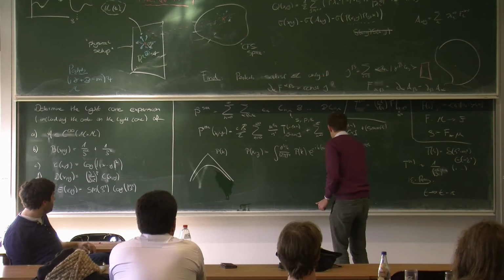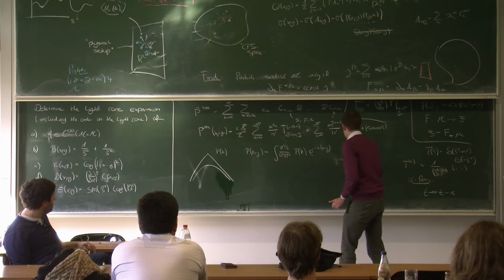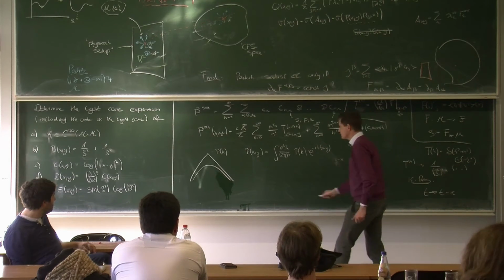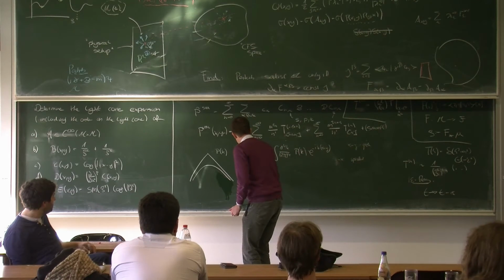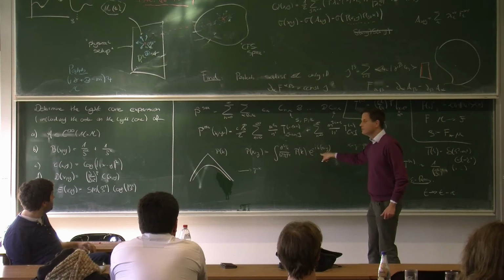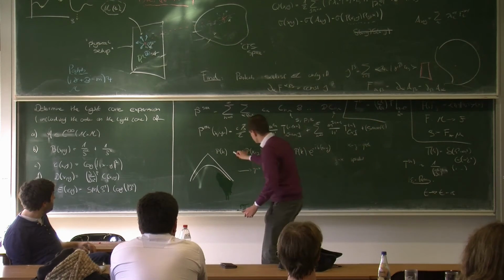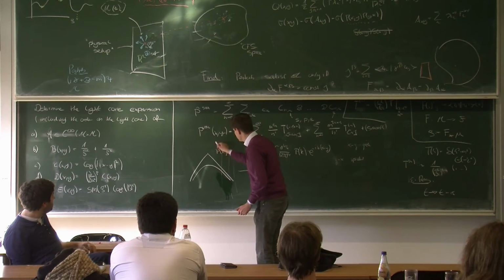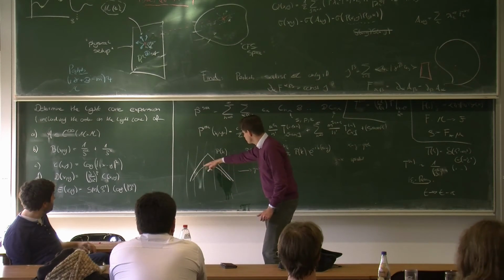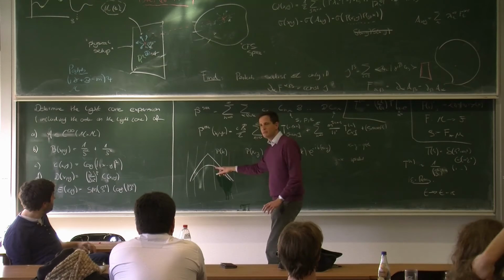Suppose you choose y minus x space-like, so for example y minus x points in this direction. This means that the surfaces of equal phase lie like this. Then you integrate over this, the phase changes, and you have many cancellations.